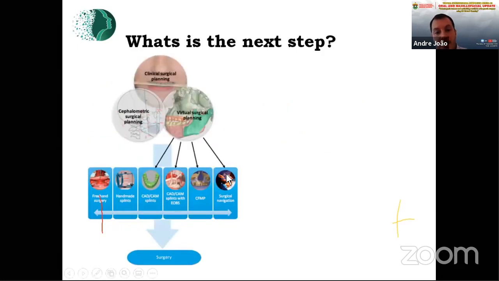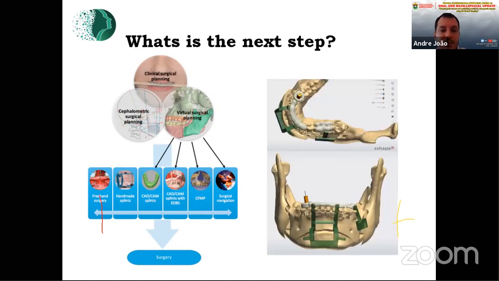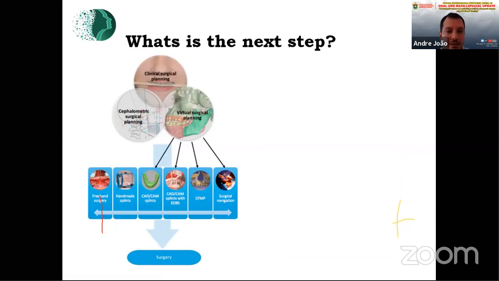So when we talk about virtual planning, there are a lot of things like that. There's a lot of technological development. Orthognathic surgery started with freehand surgery. Then we started to plan surgery in the traditional way, doing model surgery and creating handmade splints.